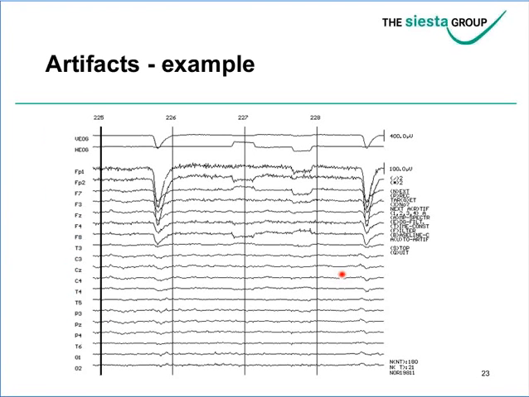So here's an example of artifacts, a simple artifact like eye movement artifact, simple blinks, as you could see them in an EOG, in the measurement of eye movement directly. You see how it clearly affects most of the frontal polar and frontal channels, and thus distorts the spectrum and would distort your main endpoints that you want to calculate.